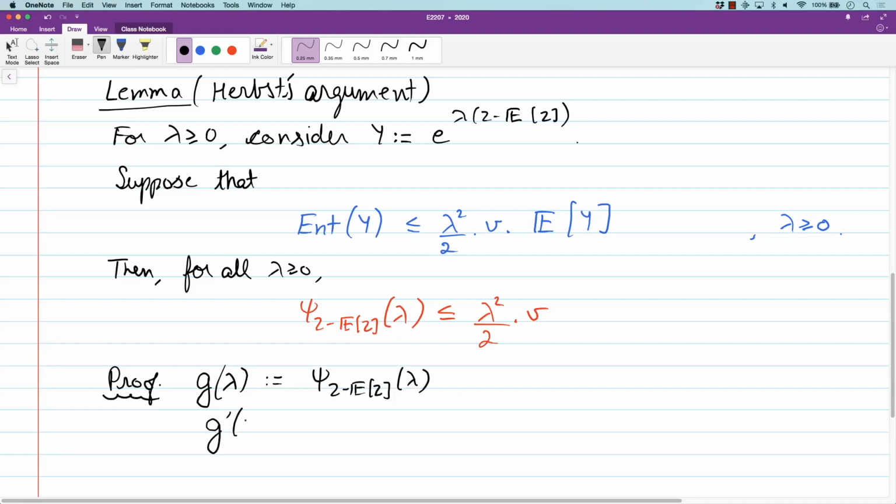Then if you look at g prime lambda, what do we know about it? This is the log moment generating function, something we have seen before. So this is the derivative of the log moment generating function.